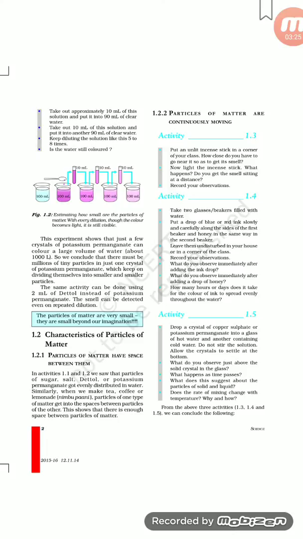If we see these two things in any solid, the intermolecular space will be nil. There will be no space between them, they are closely packed. Intermolecular space is nil. And the second thing is they are closely or tightly packed.